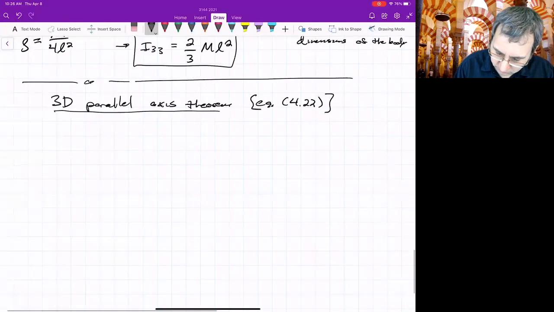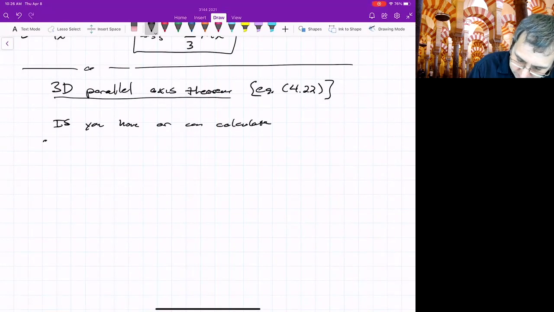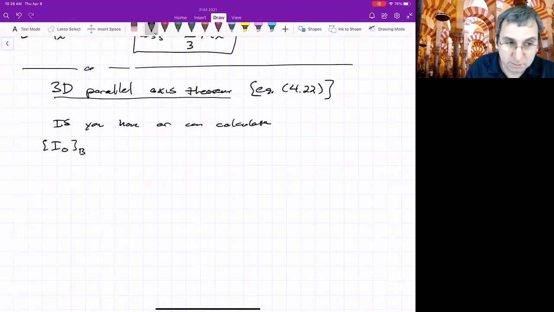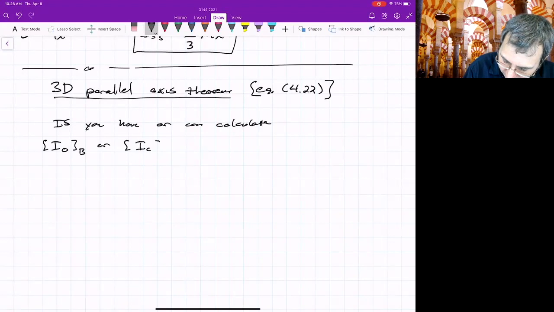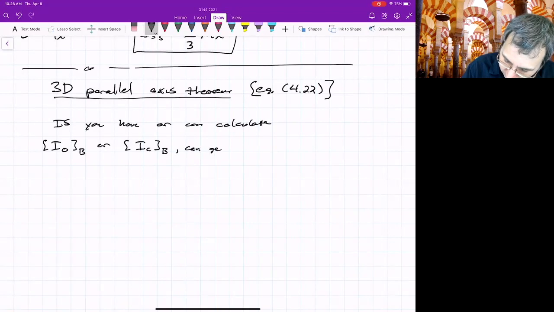And how is this useful? It's useful if you have or can calculate the moment of inertia about the point O in the body fixed frame, or you have or can calculate the moment of inertia about the center of mass. There's a relationship between the two. So whichever one is easy to calculate using the integrals or whatever, then you could transform it to the other using the parallel axis theorem. So you can get the other.